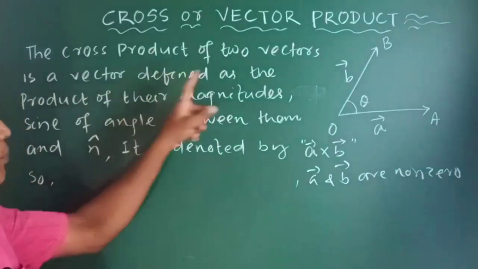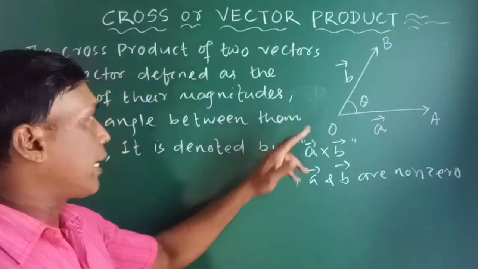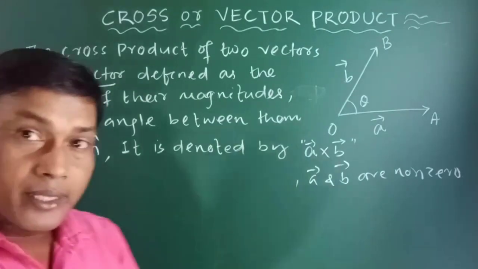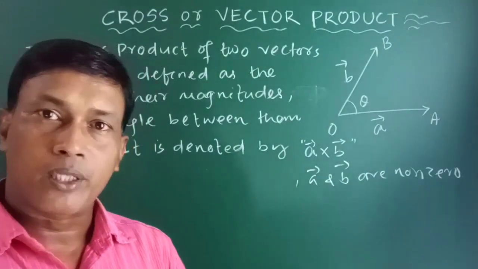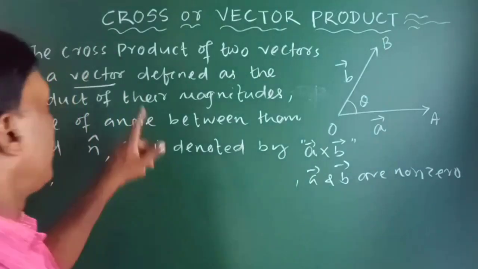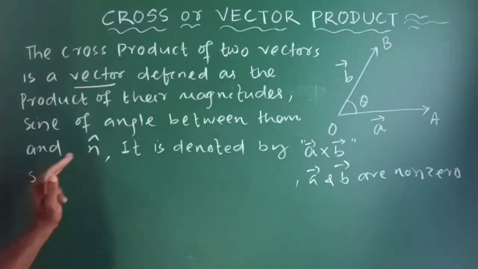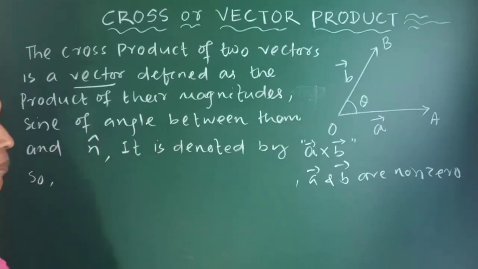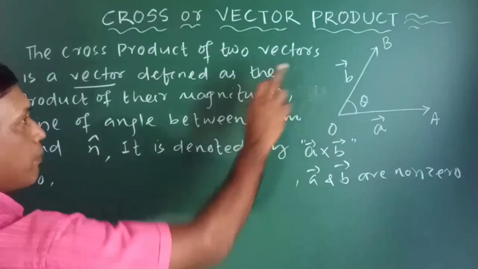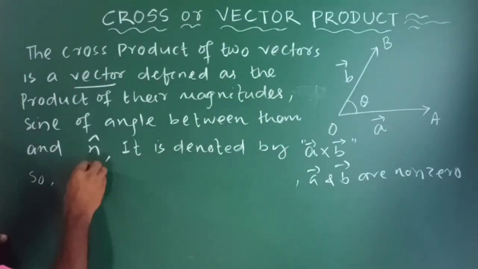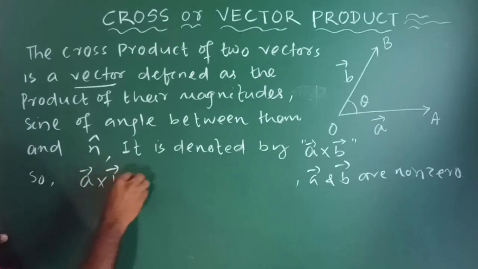So the cross product of two non-zero vectors A and B is a vector quantity. First thing is the cross product of two vectors is a vector and is defined as the product of their magnitudes and sine of the angle between them and n cap. So if A vector and B vector are two non-zero vectors, then the cross product is given by A vector cross B vector.